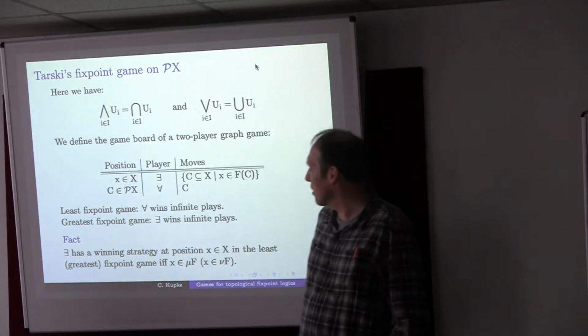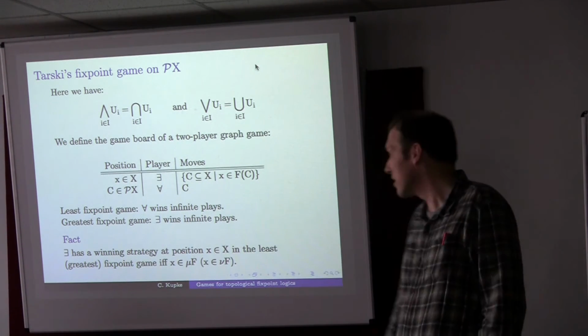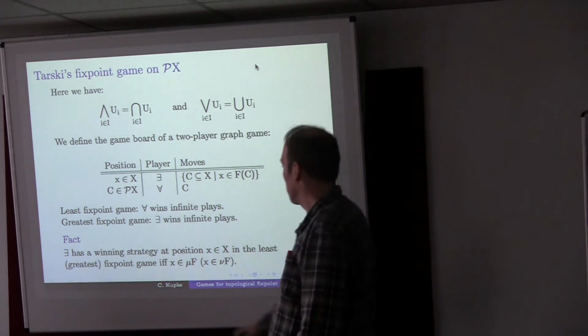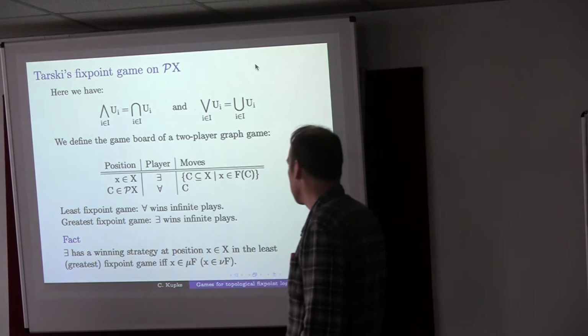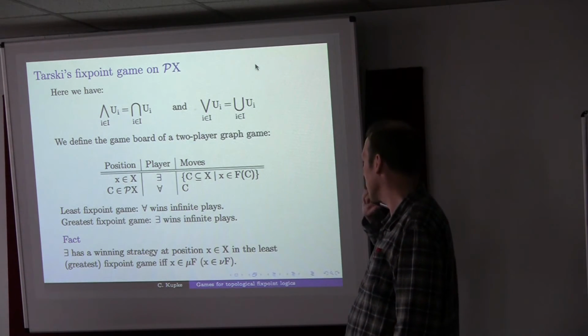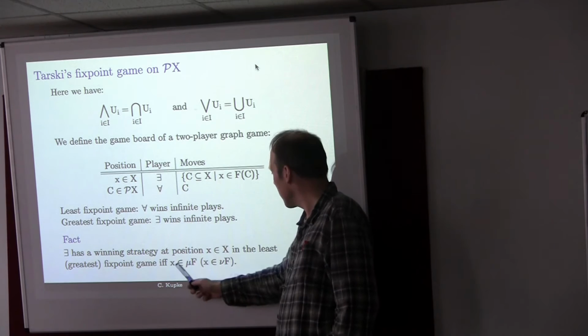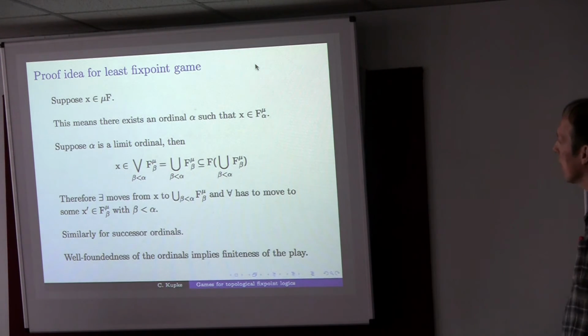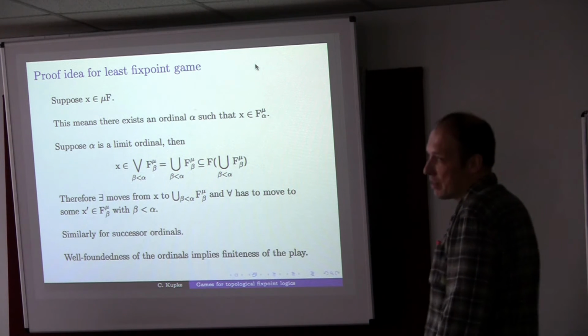In the greatest fixed point game, it's Eloise who wins if she can go on forever. And then you can indeed show that Eloise has a winning strategy in position X in the least fixed point game if and only if X is in the least fixed point, and similarly for the greatest fixed point.